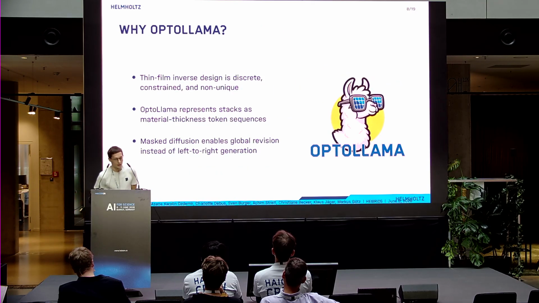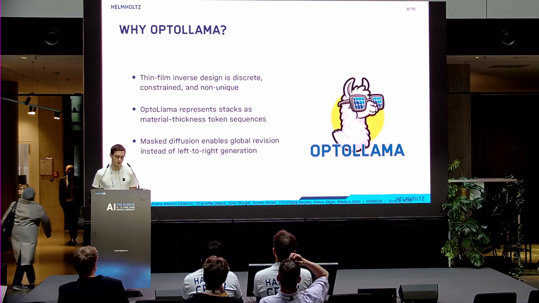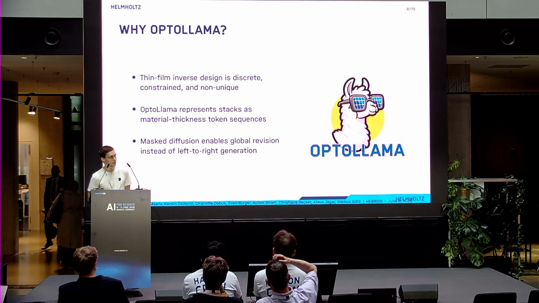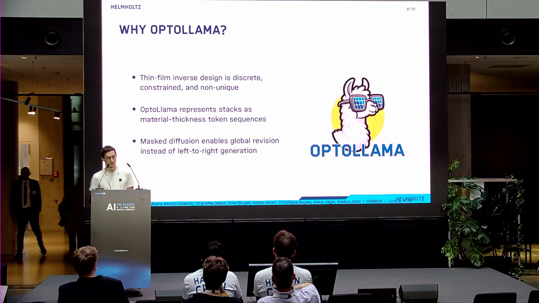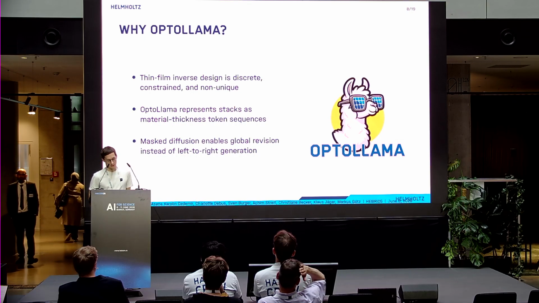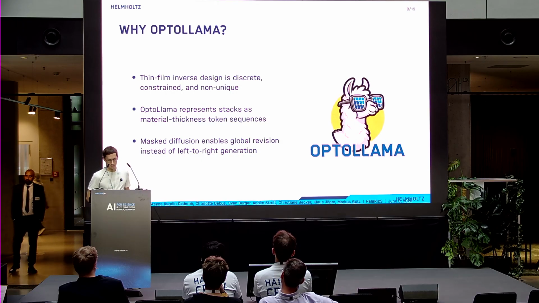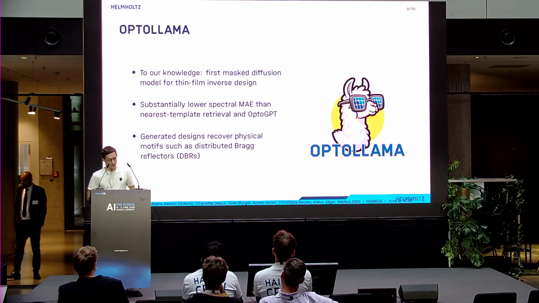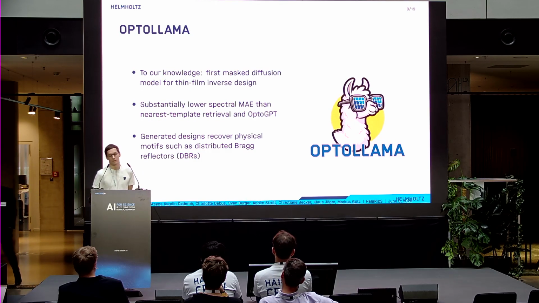So why OptoLlama? To represent the inverse design in this way, you can use masked diffusion, which has been shown to be quite performant, and to our knowledge, this is the first time that masked diffusion has been used for this inverse design of thin films.